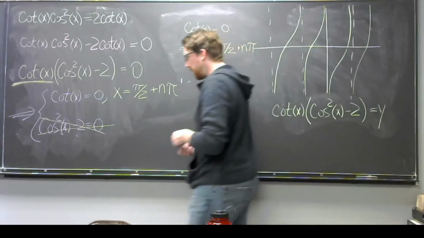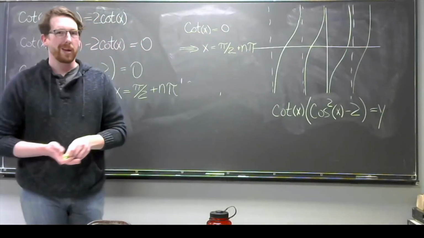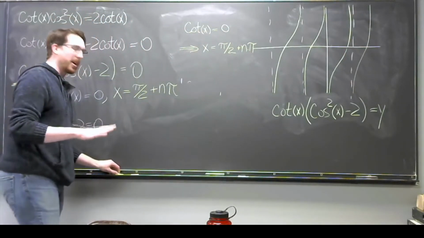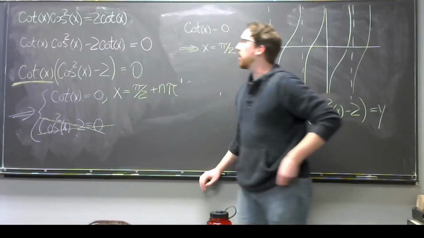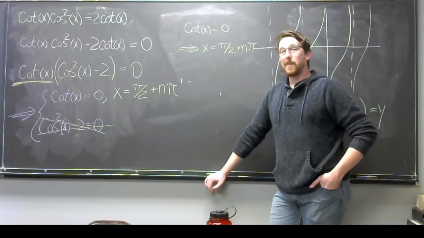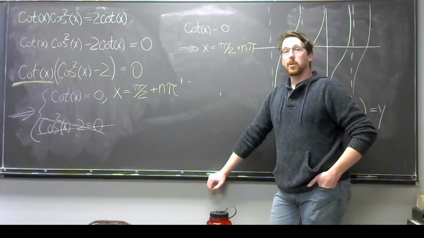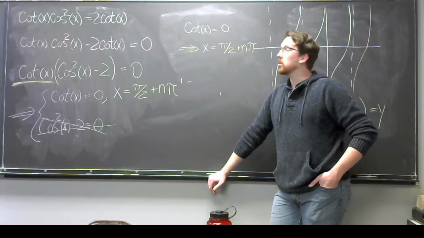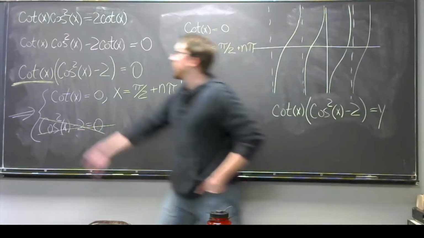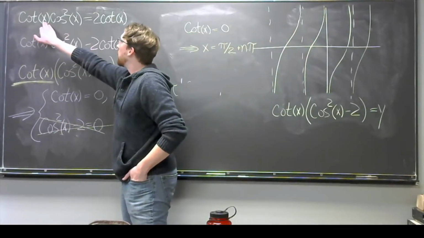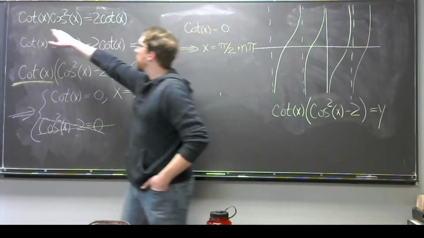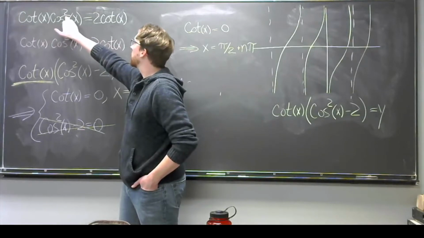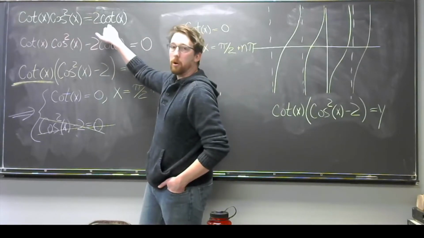Now I want to clarify something in case it wasn't already clear. I kind of just jumped into this so I understand how confusion might have occurred by now. What we're doing here is solving for the x values that make these initial conditions true. So what I mean is we're finding all the x values where this statement is true, where cotangent times cosine squared is in fact equal to 2 cotangent.